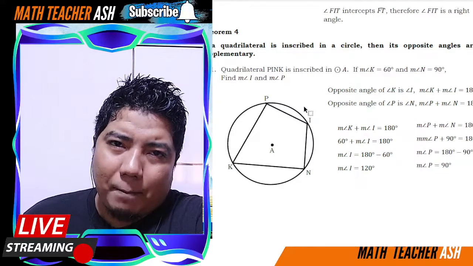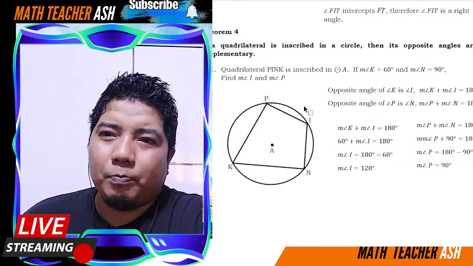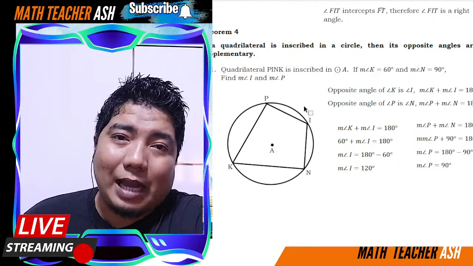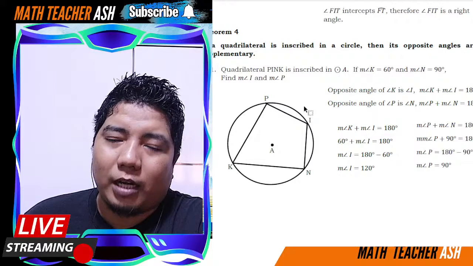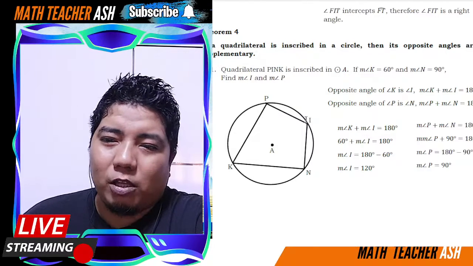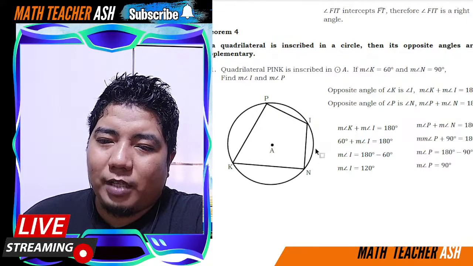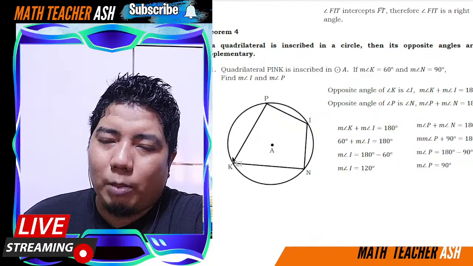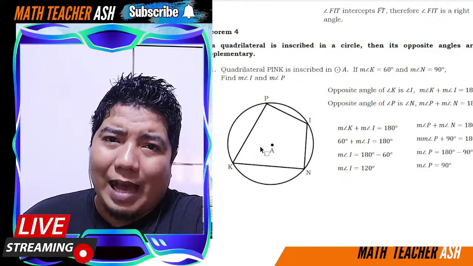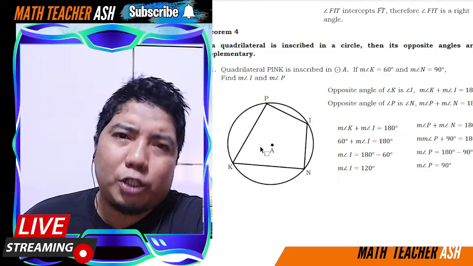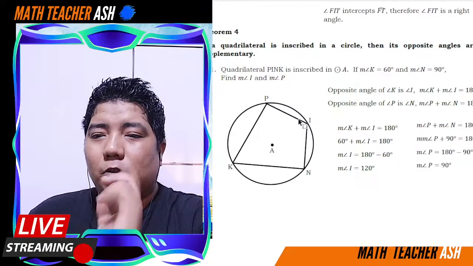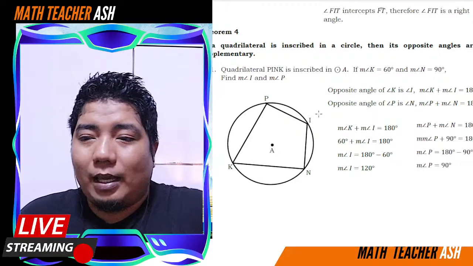Of course, remember that when you get the inscribed angle from the intercepted arc, you will get half of it. So, half of this one will be I. Half of this one, this arc, will be K. So, if you add half of the whole circle, of course, you will get 180 degrees. So, therefore, they are supplementary with each other.